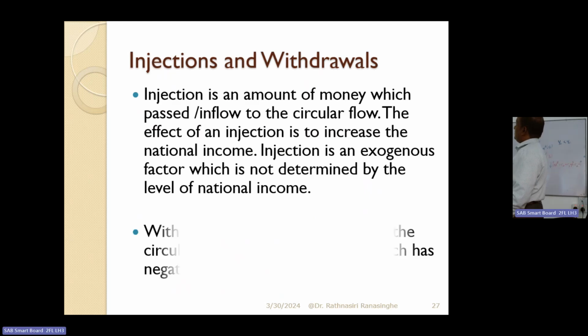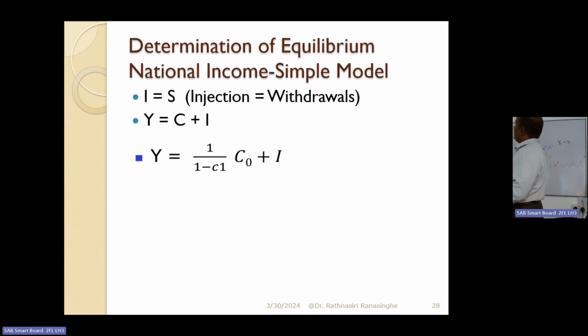Now we know that we talk about the injection and withdrawal cycle. Now we come to the equilibrium. How do we explain the equilibrium graphically, and we can do the equation also, taking the simple model. First we talk about the simple economy only, not other things.